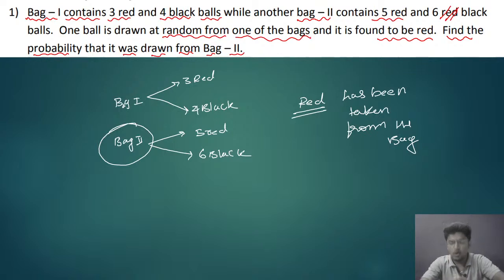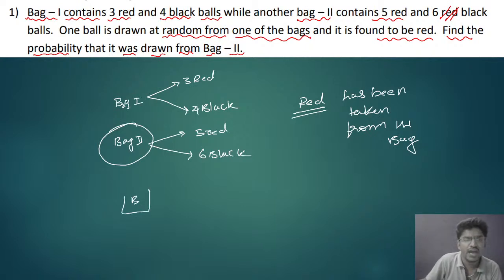Out of the two bags, the first thing is I have to choose one bag, either bag 2 or bag 1. That is the first event. And next, from that bag, I take one ball, and the ball which I take out of the bag is red. That is the situation.